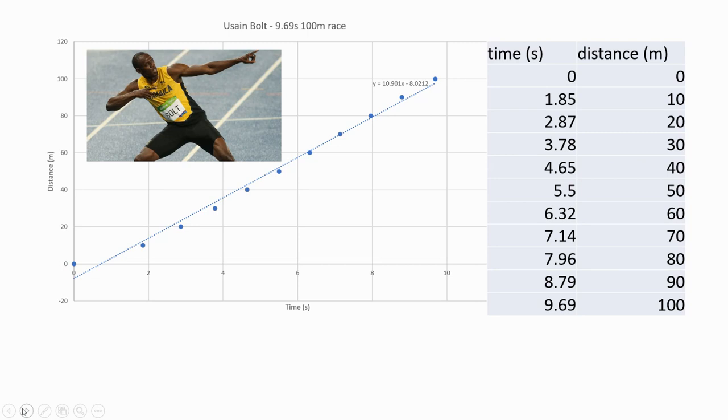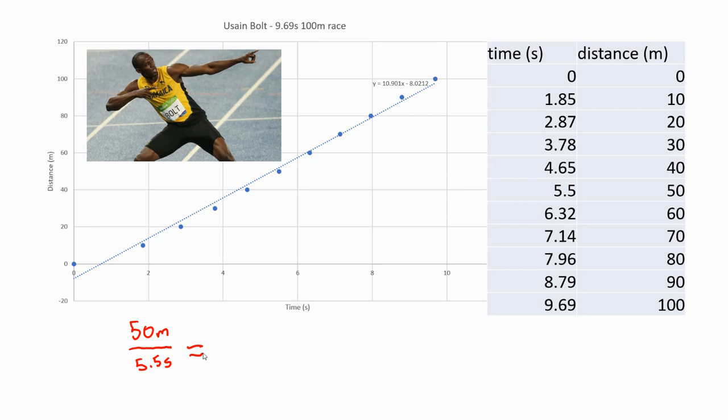So, for instance, let's see how fast he was moving at 50 meters into the race. Well, speed is distance over time. So if I take 50 meters and I divide it by the total time at 50 meters, 5.5 seconds, that's going to give me an estimate of his speed at that moment in time in the race.